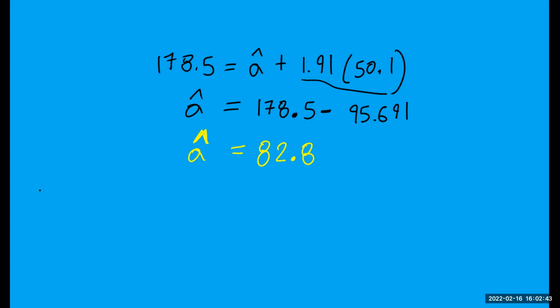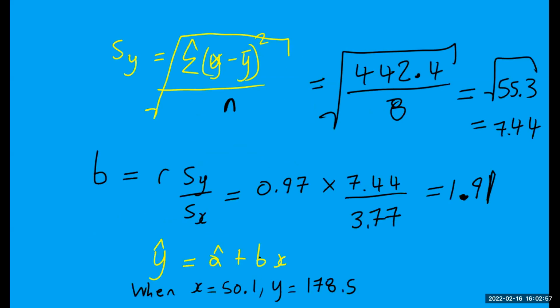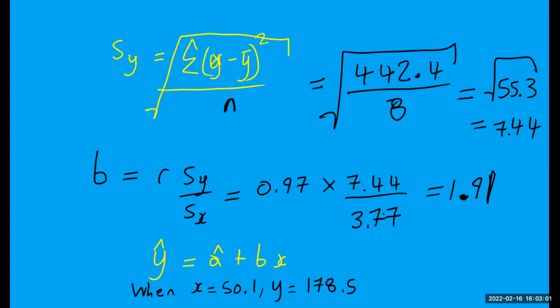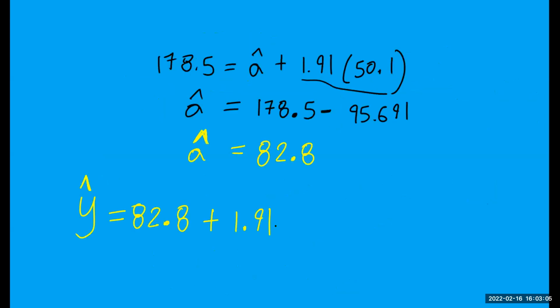In other words, the equation is y hat equals 82.8 plus b, where b is 1.91, multiplied by x.